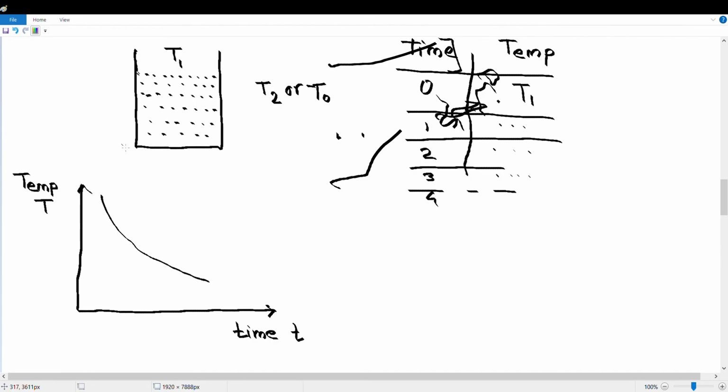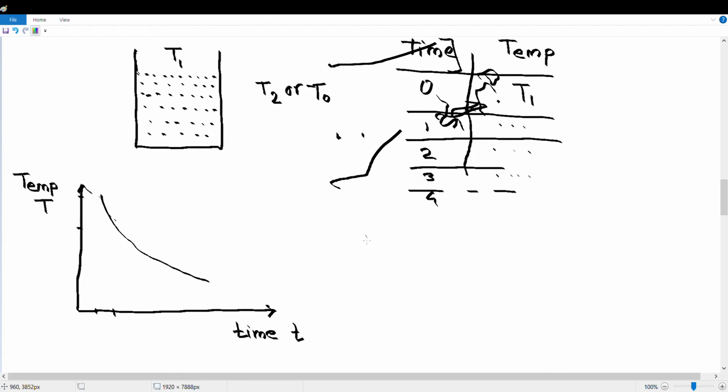This curve indicates that initially the temperature falls rapidly, and as time increases, the rate of fall of temperature goes on decreasing.